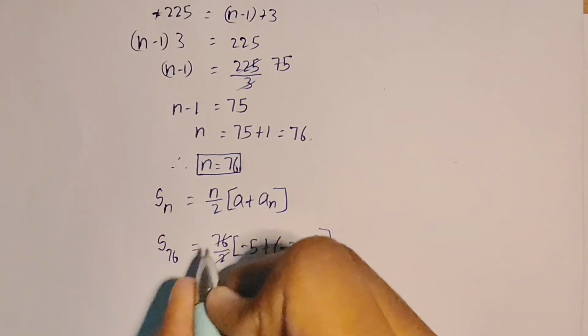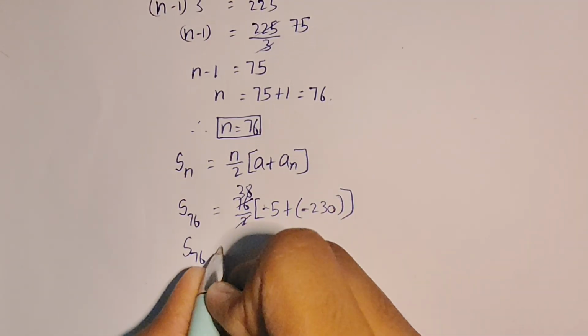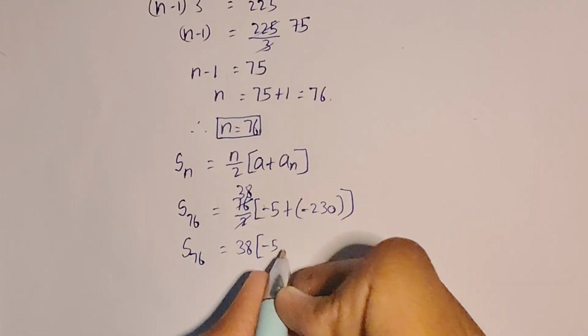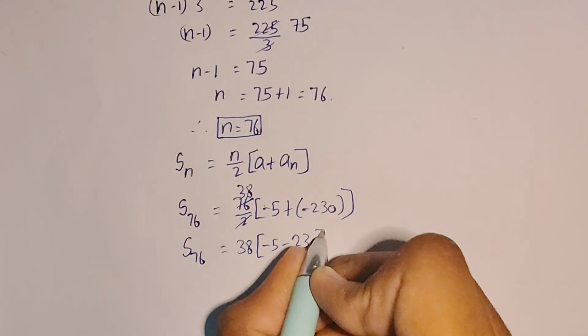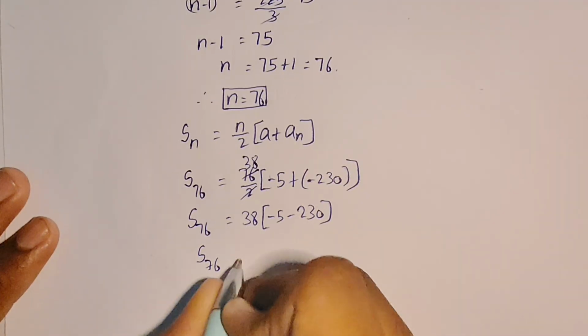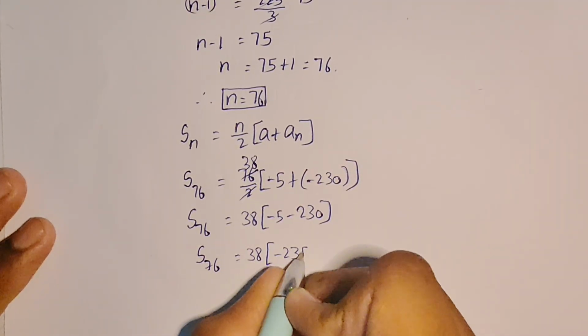So 2 38s are 76, so s base 76 is equal to 38 into minus 5 plus of minus 230. So s base 76 is equal to 38 into minus 235.